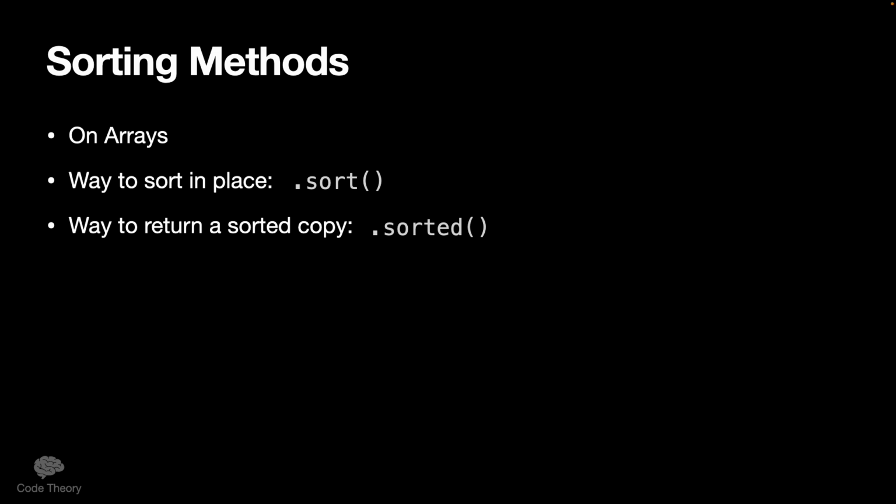So that's how you kind of know, this is a pretty strong common coding convention: if a function exists that is in the command present tense and a function exists that's in the past tense, then that past tense function tends to return a copy of whatever you were calling the function on with that operation performed, and the present tense version tends to modify the variable that you're calling the function on.